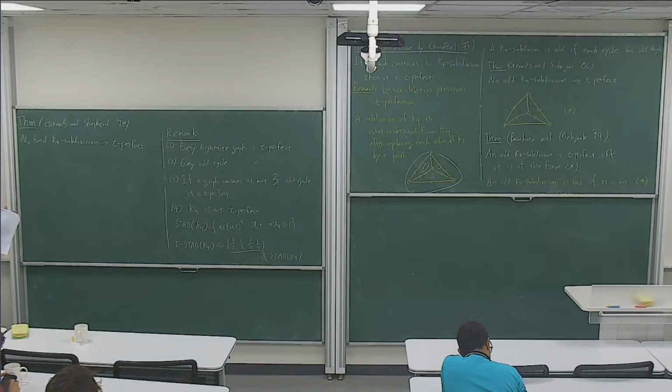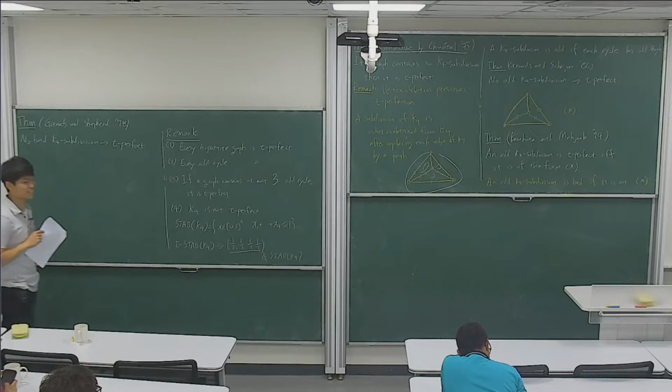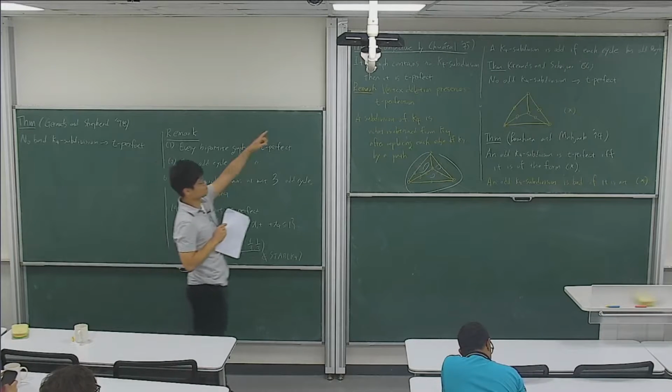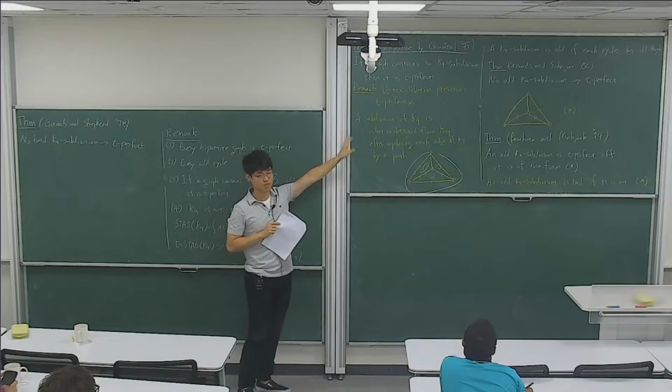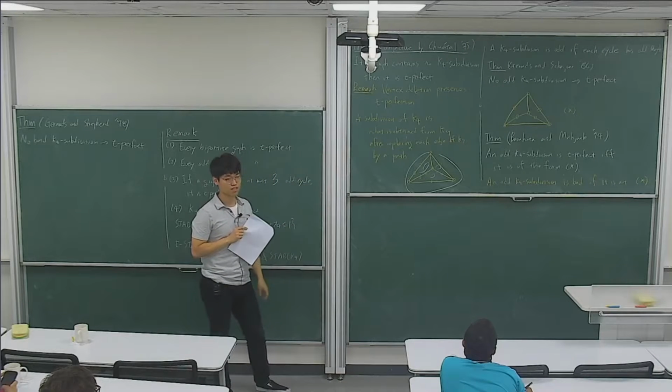But yeah, so this vertex deletion is one T-perfection preserving operation.